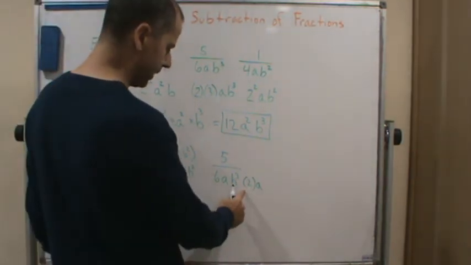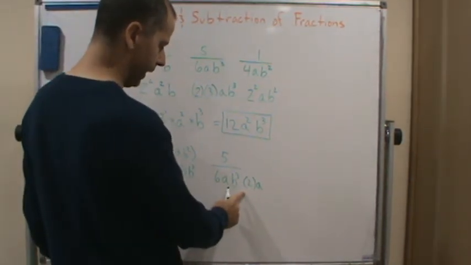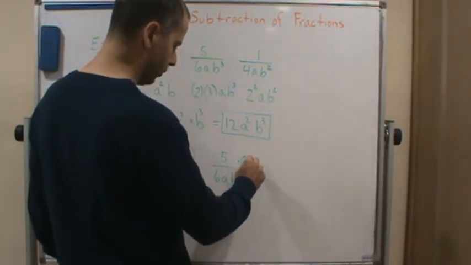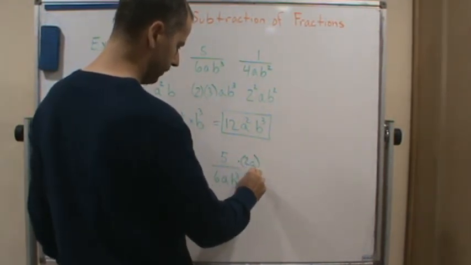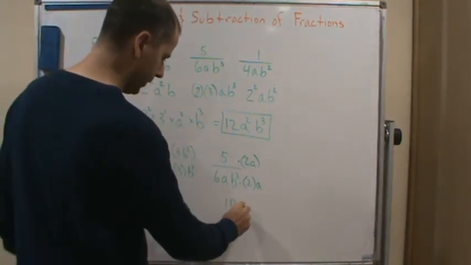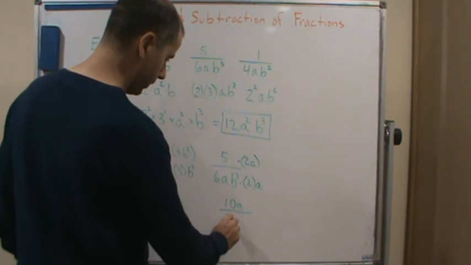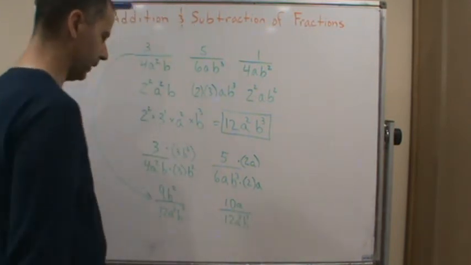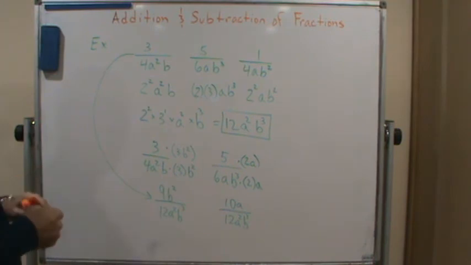So if I multiply the denominator by 2A, I also have to multiply the numerator by 2A. And that gives me 10A over 12A squared B cubed. So now I've got another equivalent fraction.